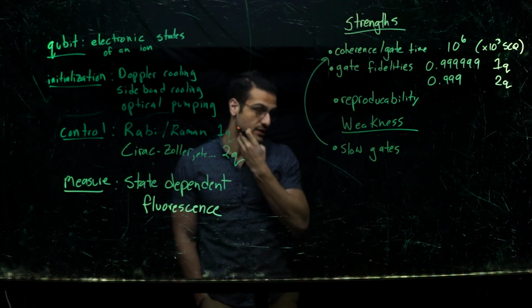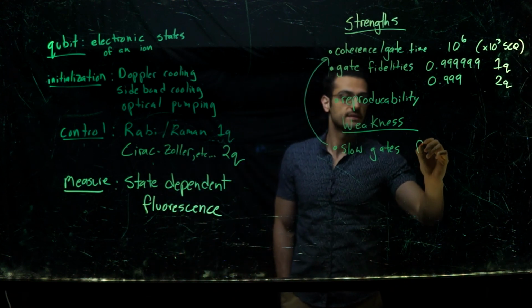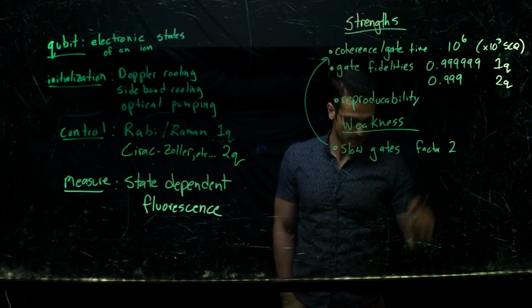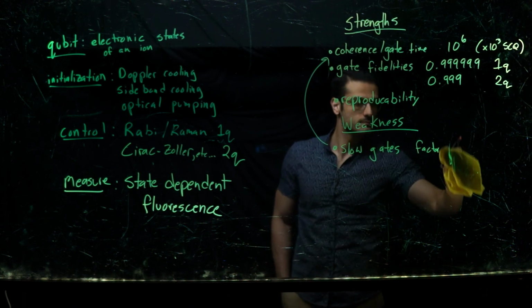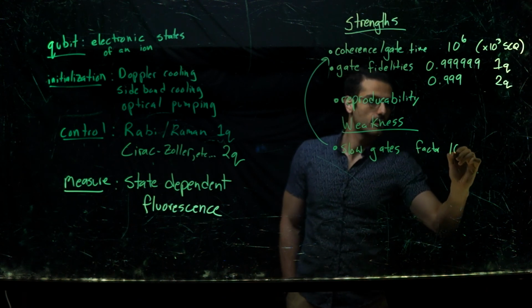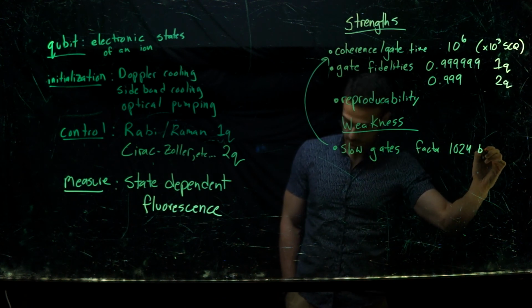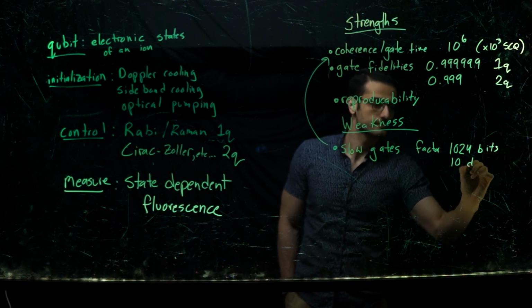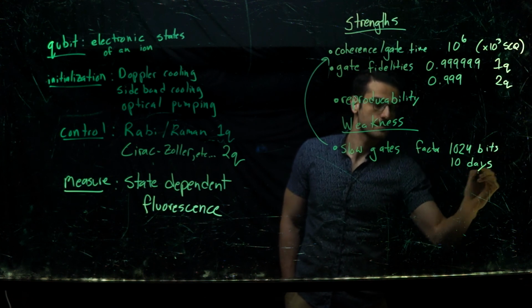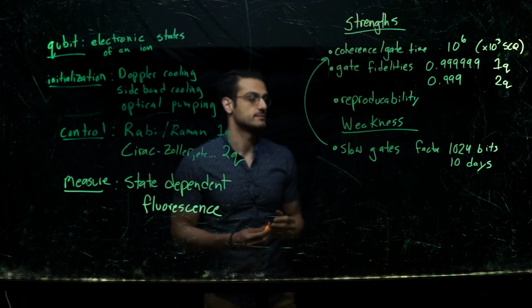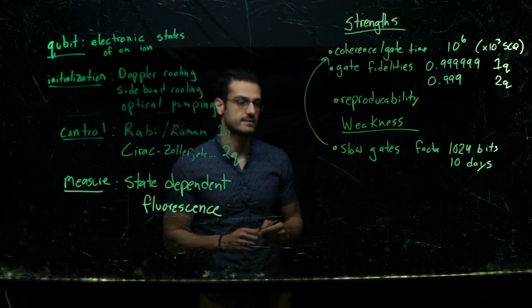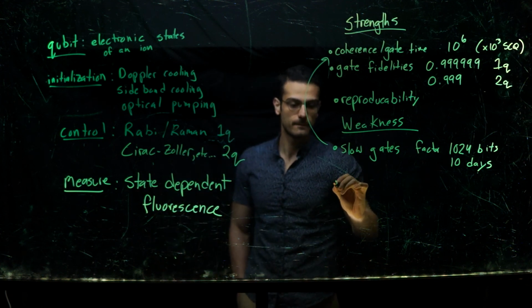Based on the current state of the art, to factor 1024 bits would take 10 days. If you double that to 2048, it multiplies by a factor of 10, about 100 days. So the gates are slow.